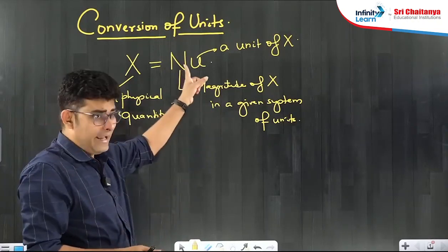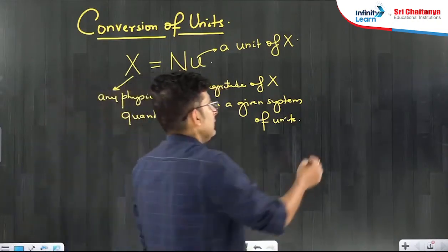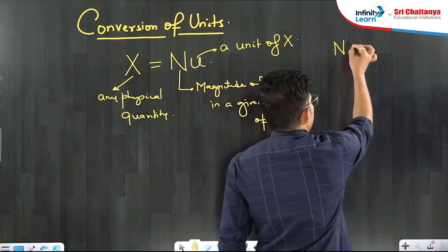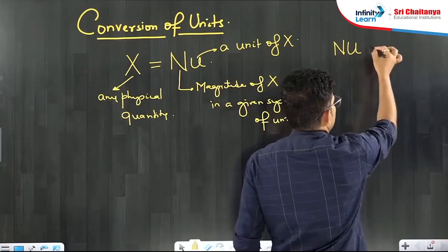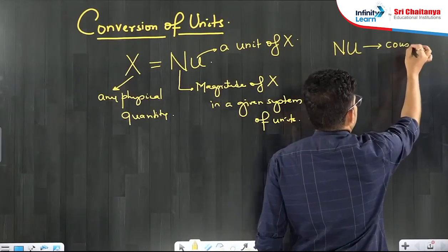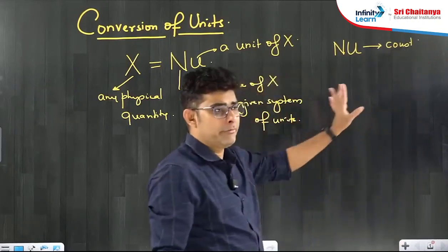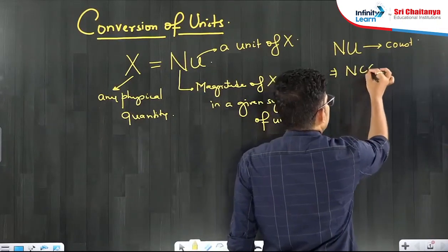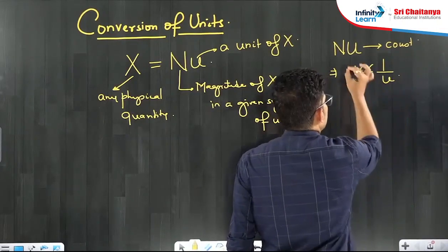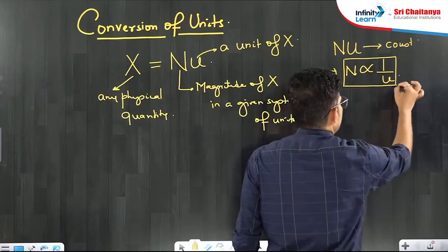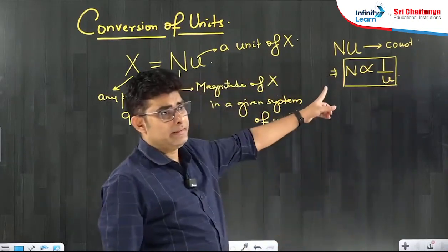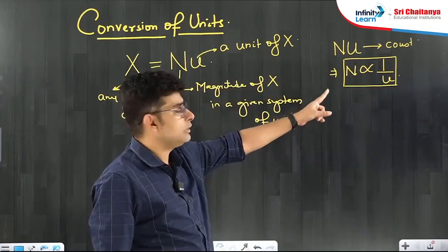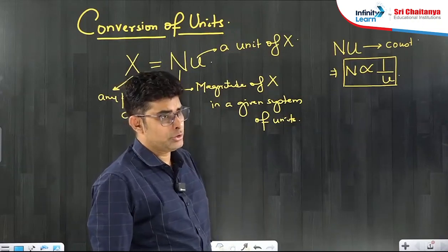So when we write nu, you have to remember that nu, the product, is constant or fixed. n into u is fixed. That means that n is inversely proportional to the unit selected or chosen.